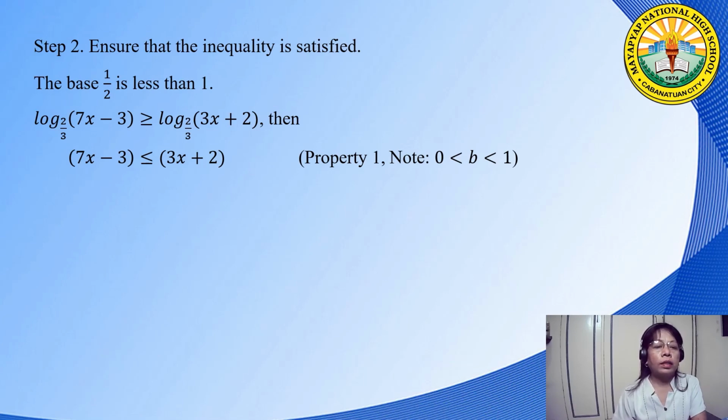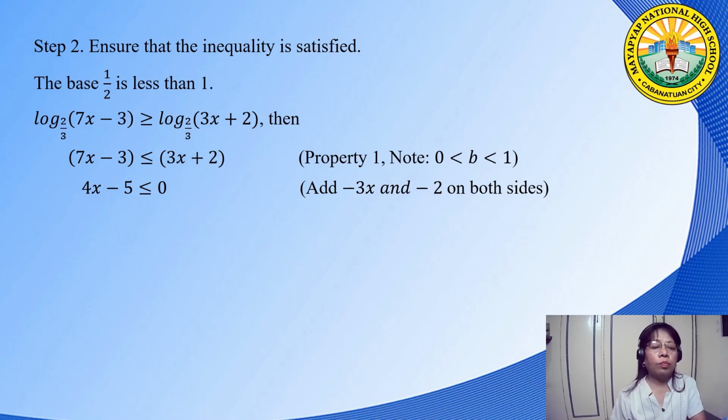So we have quantity 7x minus 3 less than or equal to quantity 3x plus 2. Applying property 1, note that 0 is less than b less than 1. To simplify, you add negative 3x and negative 2 on both sides. So it becomes 4x minus 5 less than or equal to 0.